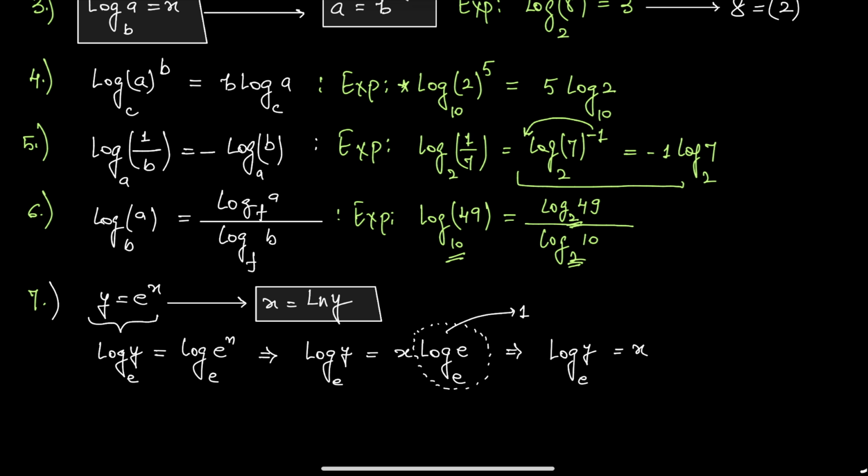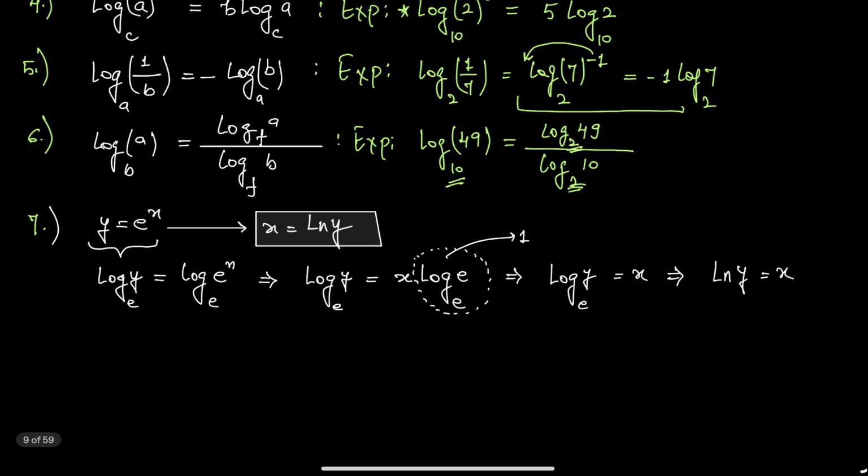So we are not writing it again, and in the next step we can easily write ln y equals x. For those who have not gone through video number 1, we can write log y with base e in the short form as ln y.